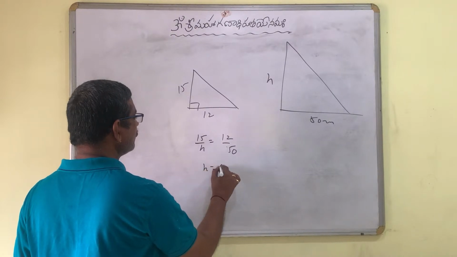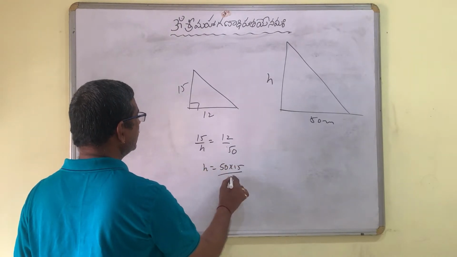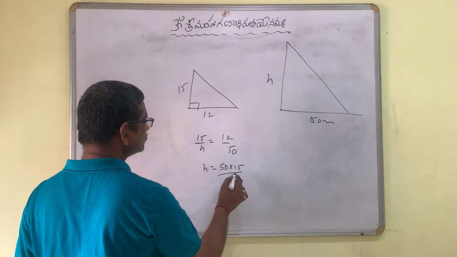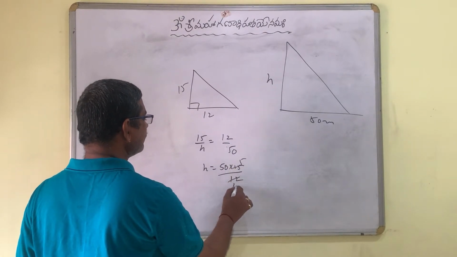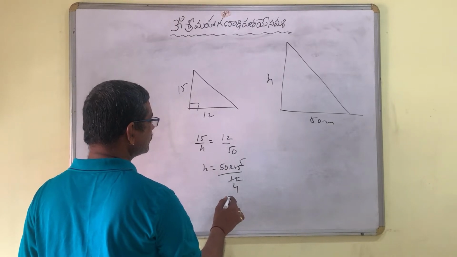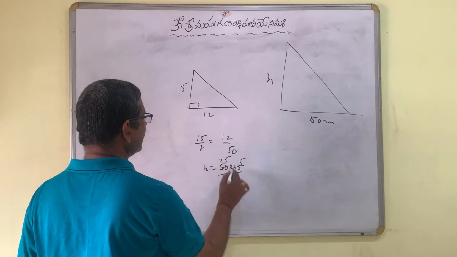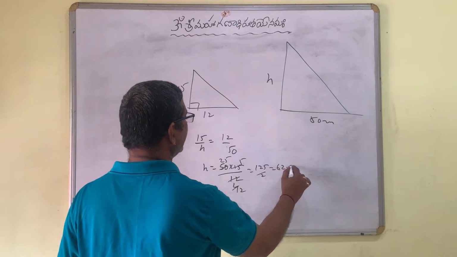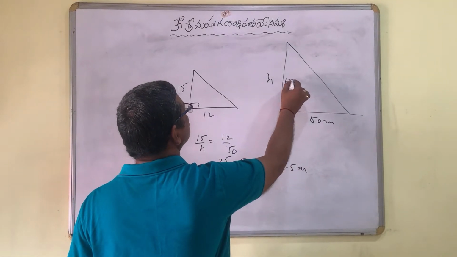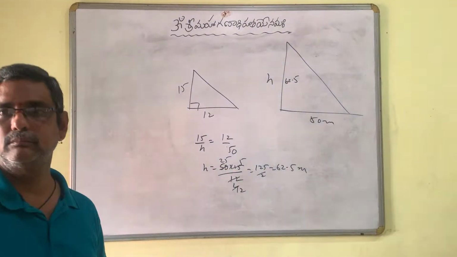Then H is equal to 50 into 15 by 12. 3 5s, 3 4s. 25s, 2s. 125 by 2, that is 62.5 meters. That's all.